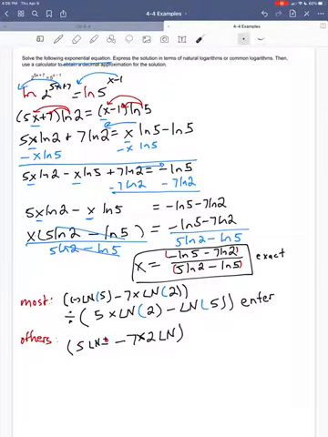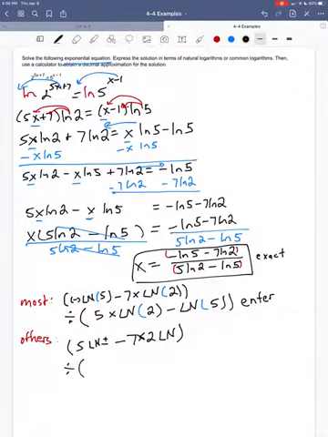5 natural log plus or minus, that gives me this, minus 7 times 2 natural log. The natural log takes the natural log of 2. When I do the parentheses, it does this multiplication and this subtraction all at once. Then I divide by the bottom.